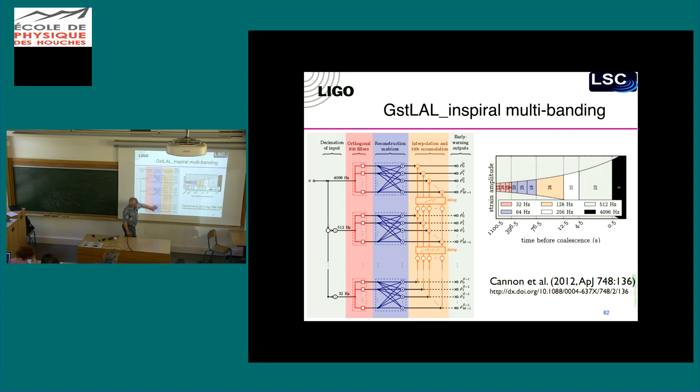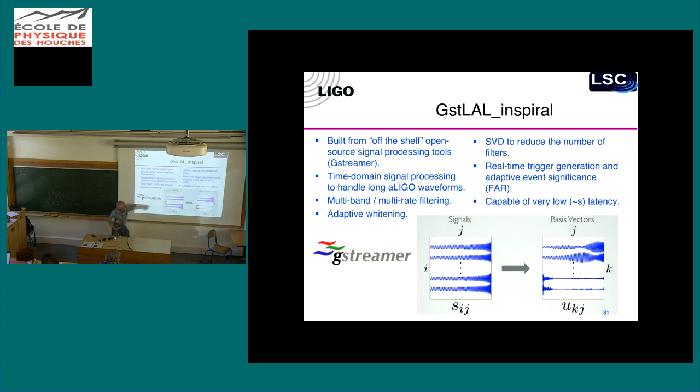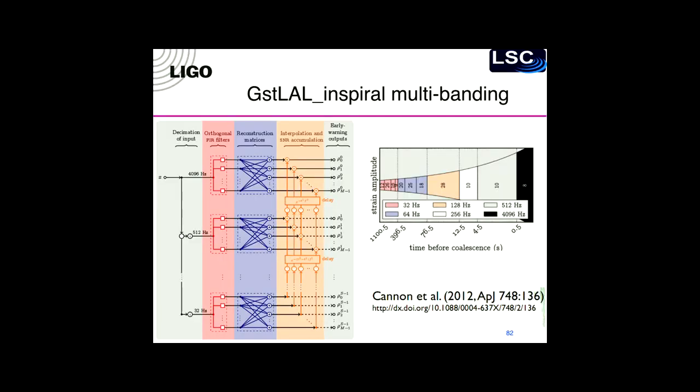This beast over here is now adding up different bits of the signal to undo the SVD, to do the inverse of the SVD, to reproduce the original templates from the basis vectors that you've been filtering through.